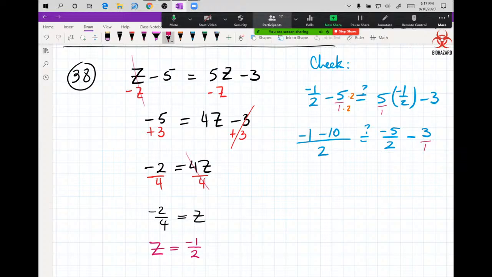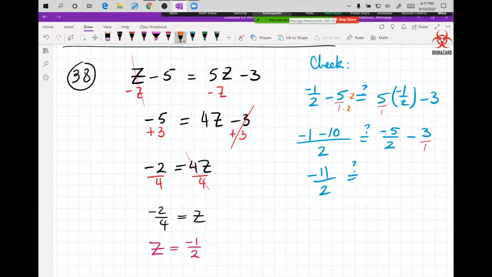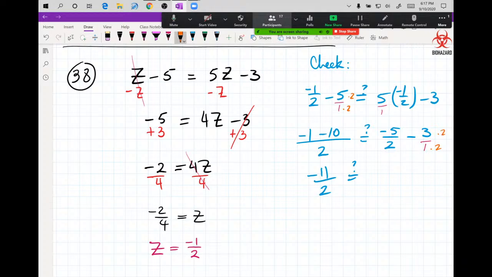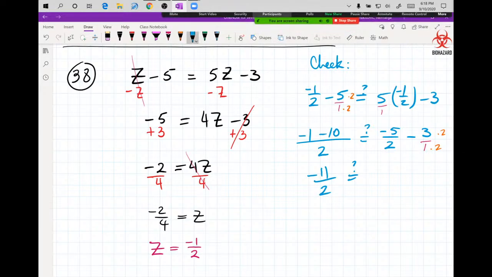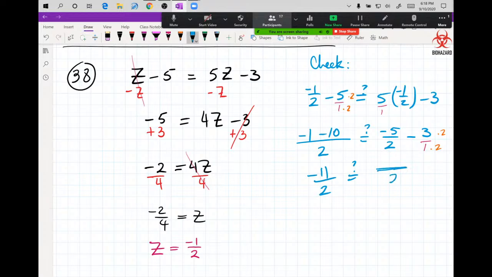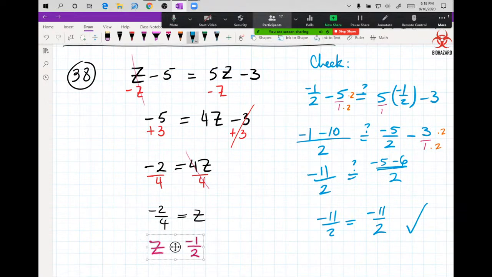So on the left-hand side, we are technically done because we just have -11 over 2. And the right-hand side now needs our common denominator of 2. That's -5 minus 6, because -3 times 2 is -6. And finally, -11 over 2 equals -11 over 2. Yay! Which means that our solution we had before was correct.